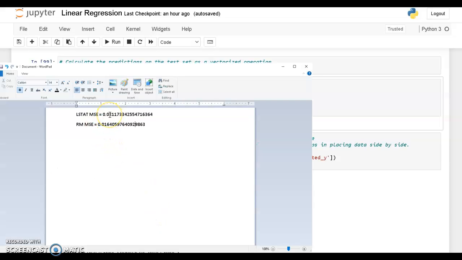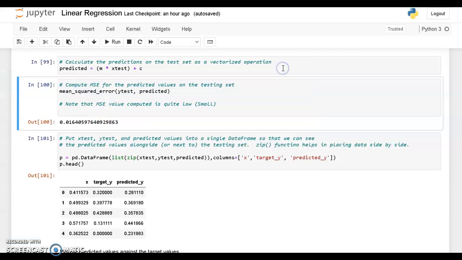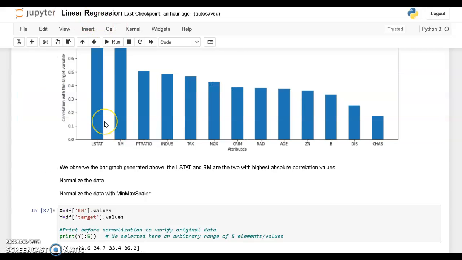LSTAT, 0.0211, RM, 0.0164. So more or less there's a difference of 1.5. Okay, so the LSTAT error is greater than the RM error. So let us continue.